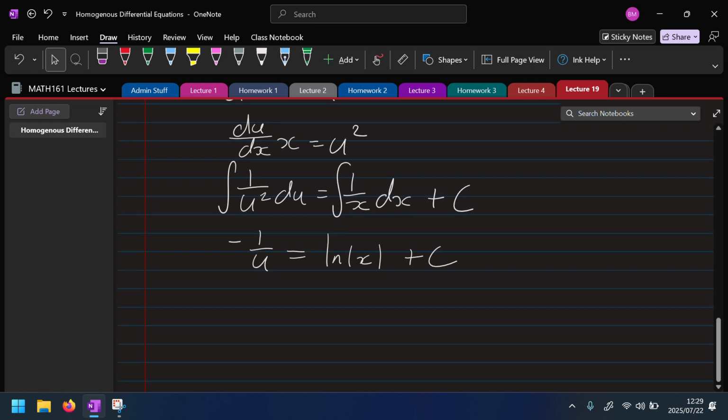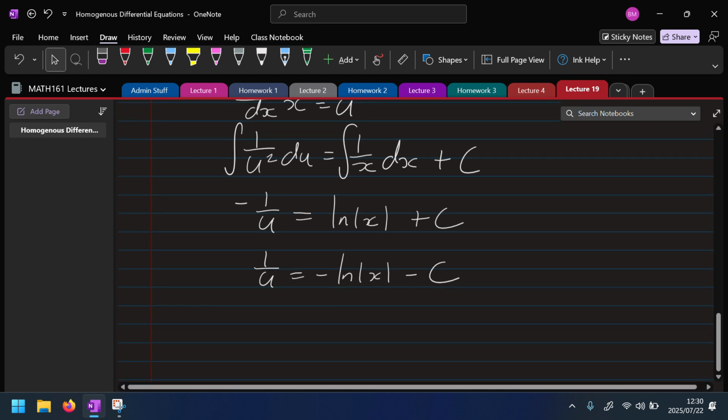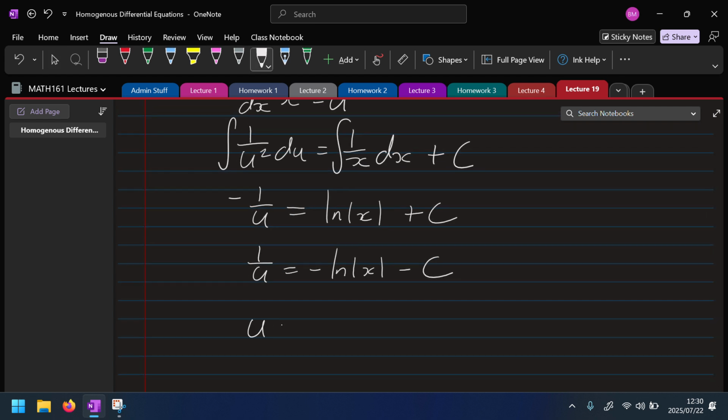So let's take the minus over to the other side. So we have 1 over u is minus the natural log of x minus c. Then we need to have not 1 over u, we want u. So we can take the reciprocal. So 1 over all of this stuff. Okay, so that's our u function.